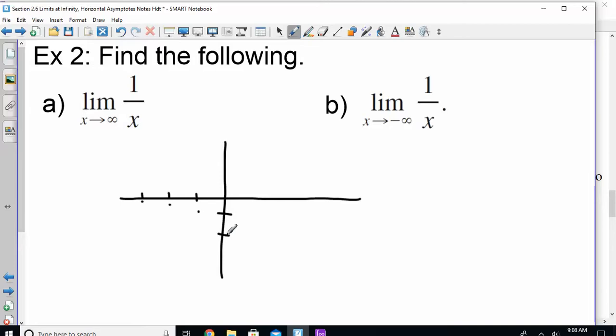So -1/2 gives me -2. Is this looking familiar? If you put in a +1, 1 over 1 is 1, 1 over 2 is a half, 1 over 1/2 would be 2. Or 1 over x looks like that.